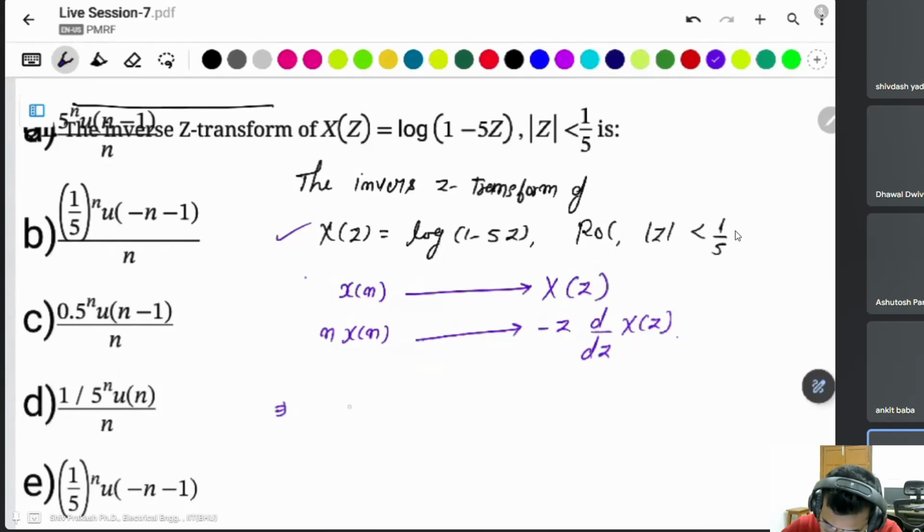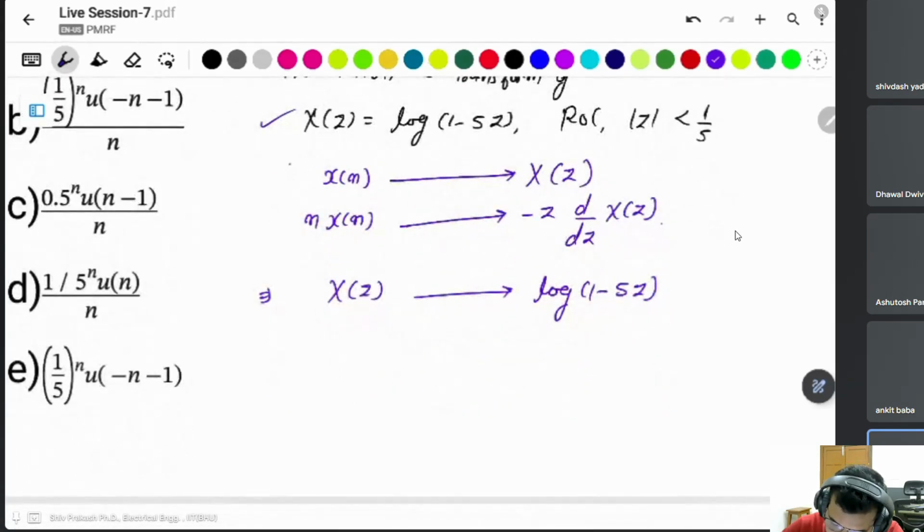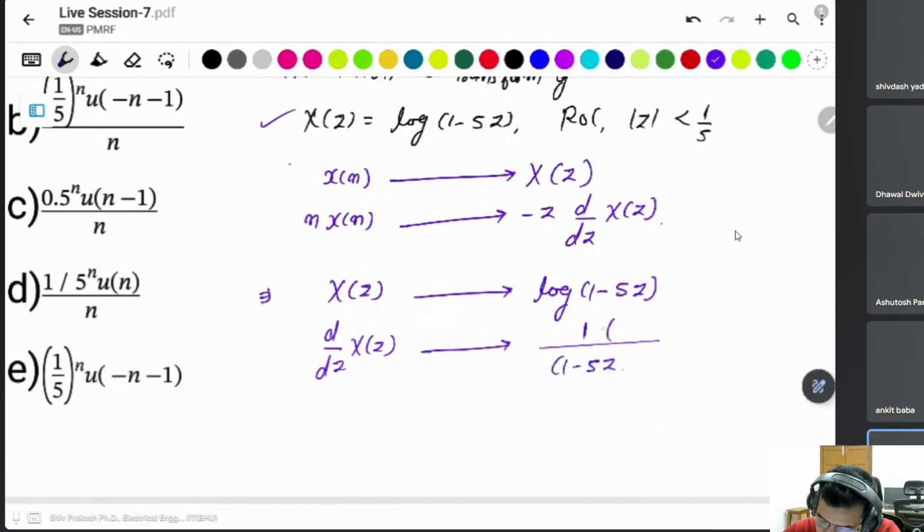Suppose X(z) is given as log(1 - 5z). Let's first differentiate the system, differentiating both sides. The derivative of log(1 - 5z) is 1 over (1 - 5z) times the derivative of (1 - 5z), which is 0 minus 5, giving minus 5.